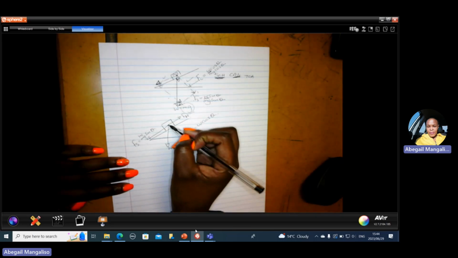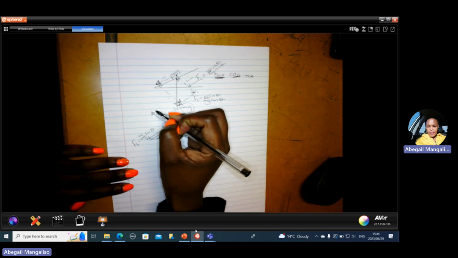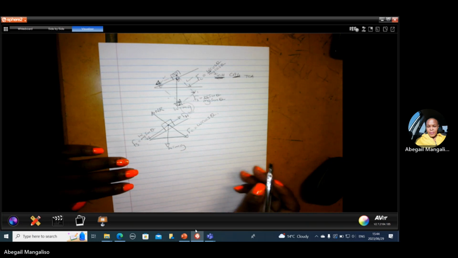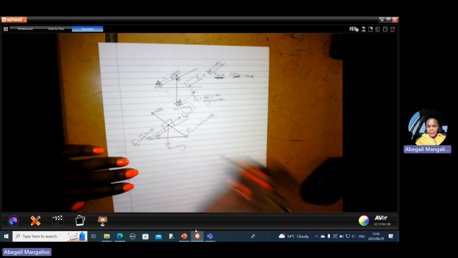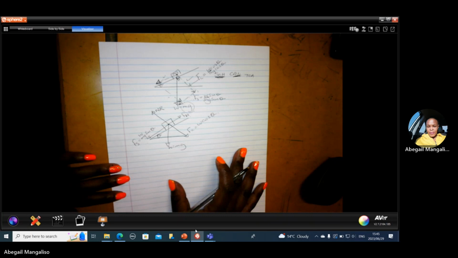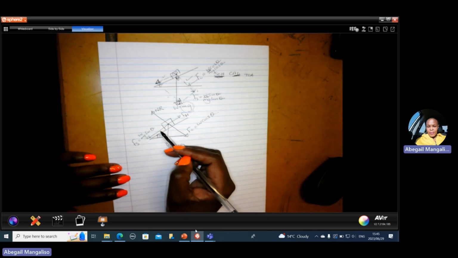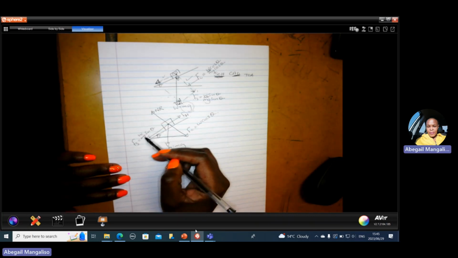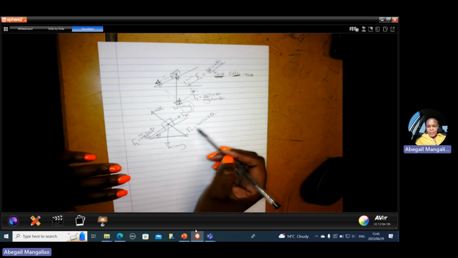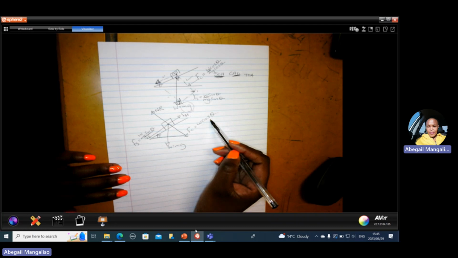And the normal force, you extend from the gravitational component that is perpendicular to the plane, and it will be NR. Theta is the angle of the slope. This one is parallel, so it's the gravitational component parallel, and this one makes 90 degrees with the plane, so it's the gravitational component perpendicular to the plane.